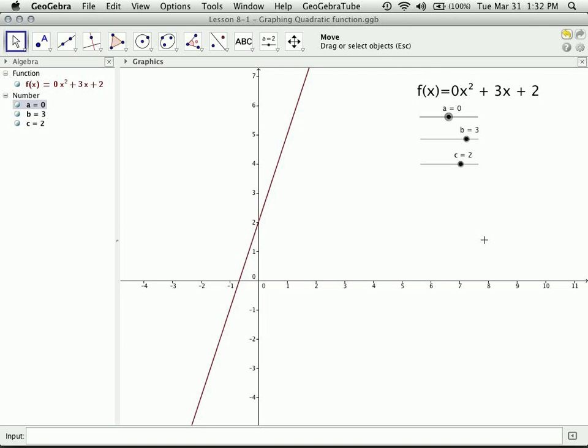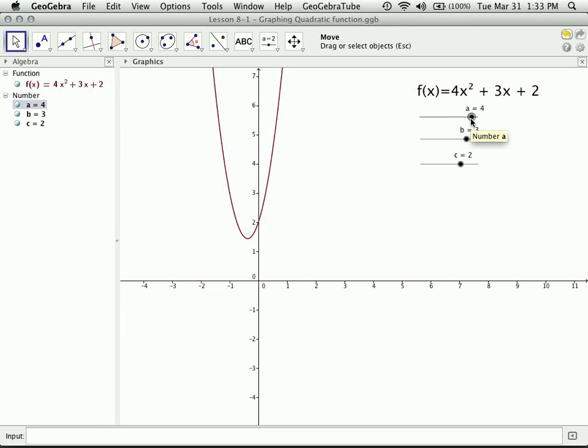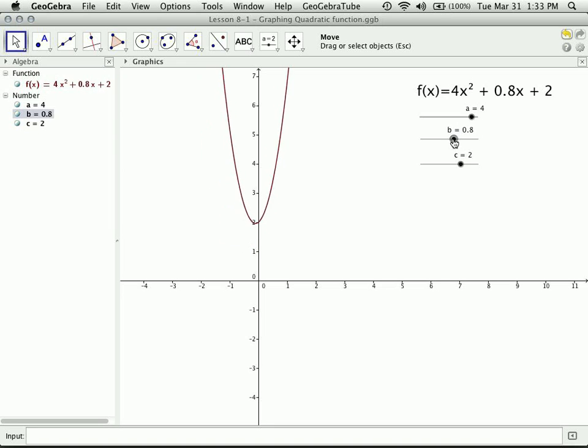And what Caesar said was correct, that it became a straight line because it became linear. This basically disappeared. So when I reintroduce a different value, it becomes quadratic again. Any questions about what you're seeing?